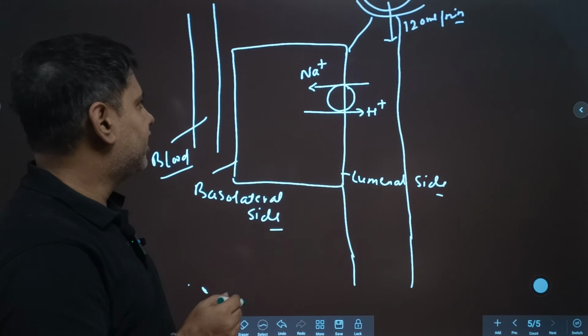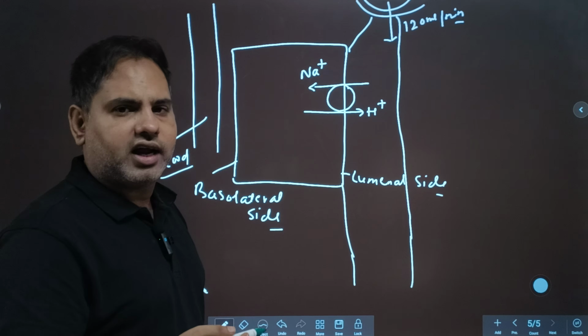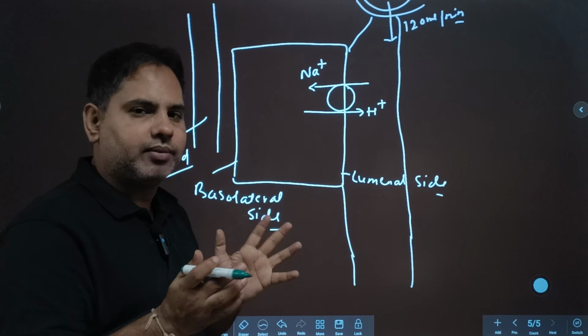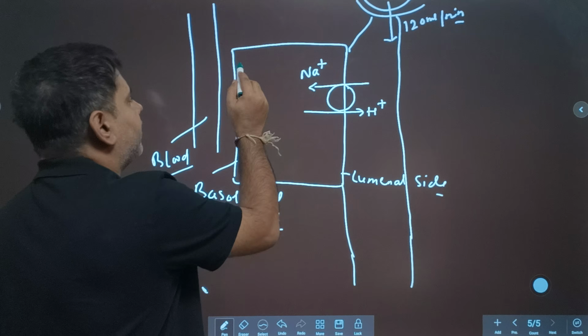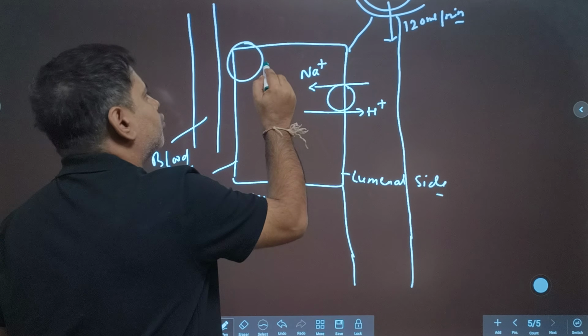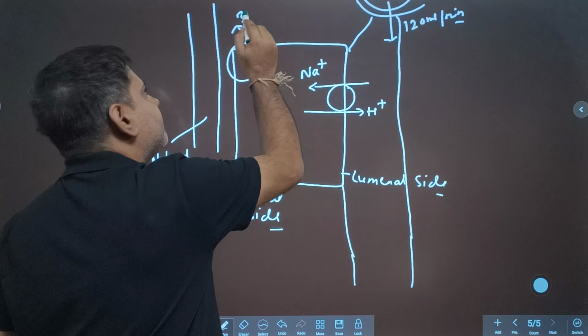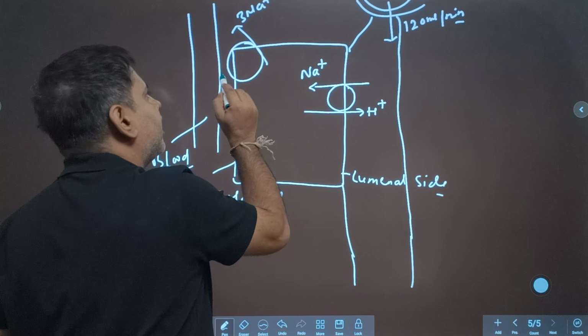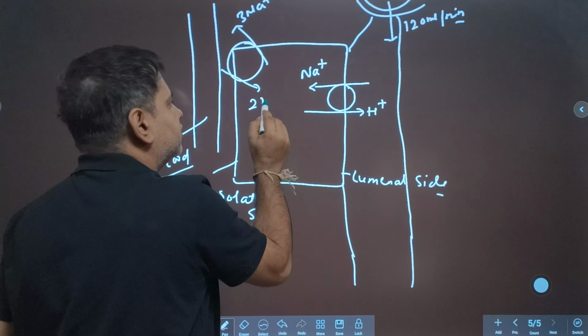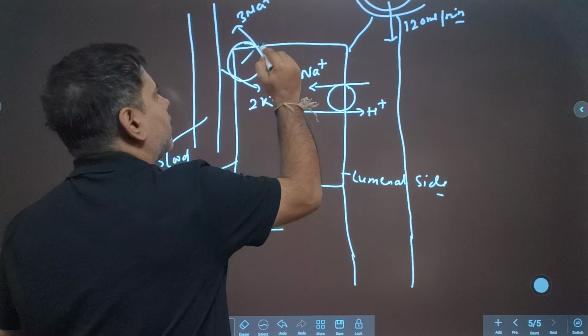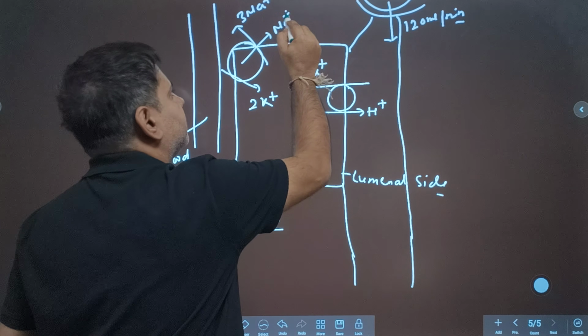So sodium will enter here, and you know many times we have discussed that on the cell membrane of every cell there is a very important pump, and that pump we call the sodium potassium pump. 3 sodium will go outside and 2 potassium will come inside, and this pump is sodium potassium ATPase.